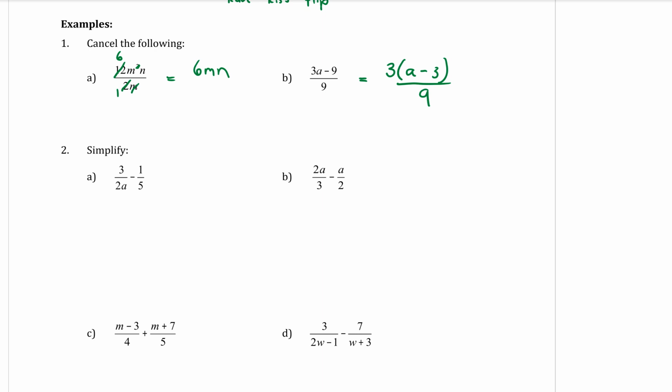Now that I have factorised, I can cancel the number out the front with the bottom. So I can cancel divide by 3, and I would get a 1, divide by 3, and I get a 3. So writing down what's left, because my 3 out the front cancelled off, I have A minus 3 on the top and the 3 on the bottom.